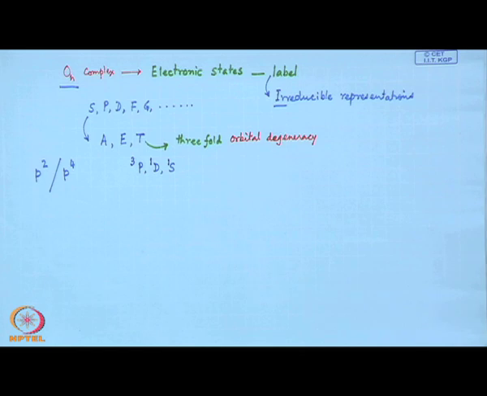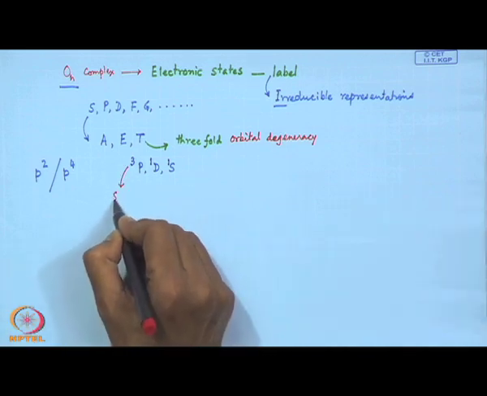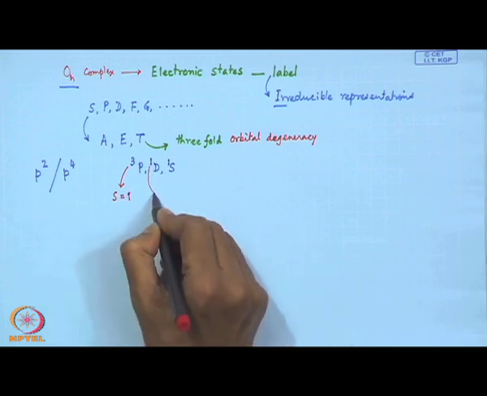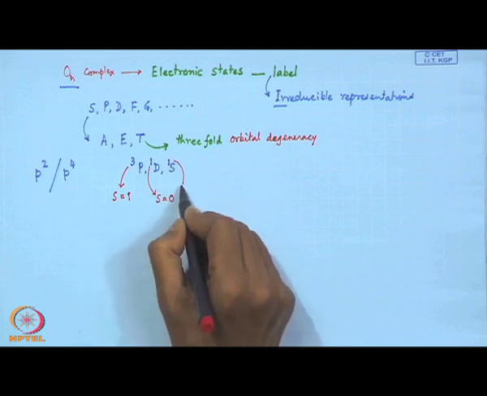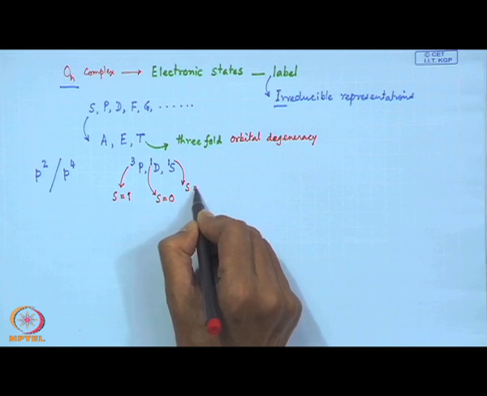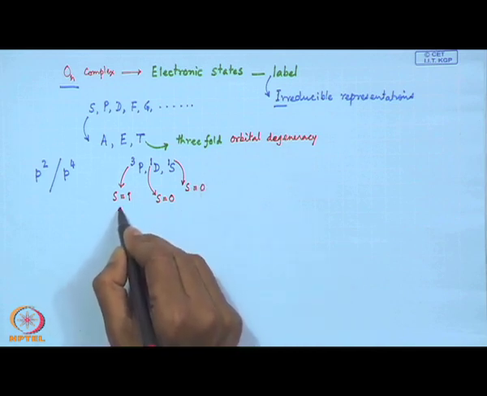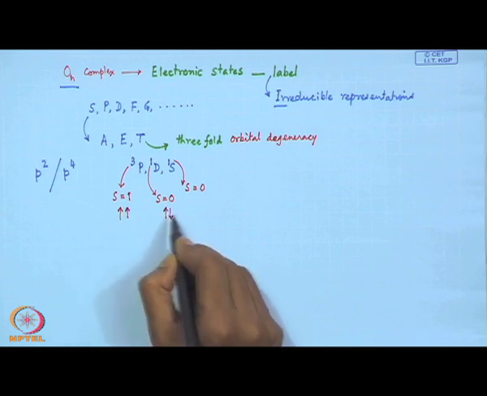That means we have the capital S value equal to 1 here, and the capital S value equal to 0 here and also capital S value equal to 0. That means here we have two unpaired spins, but here we have the paired spins.